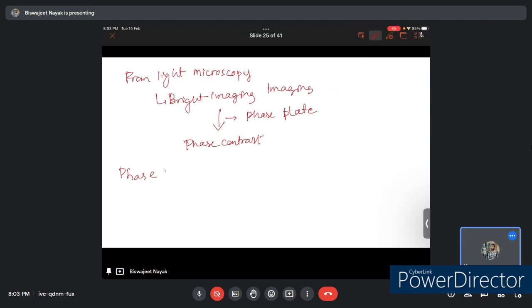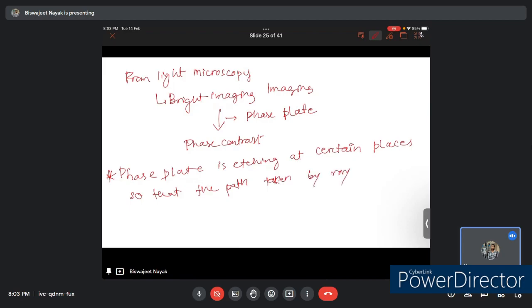This phase plate is etching out certain parts, so that the path taken by the ray is reduced at the portion where it is etched, and at the other portion the light ray will take more time to travel, and hence it recedes the other ray.